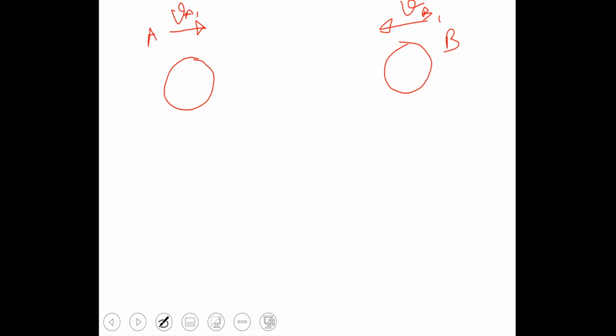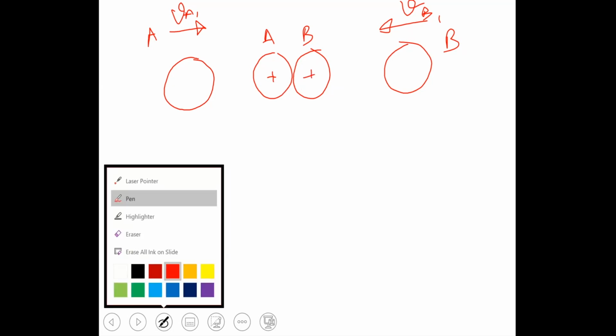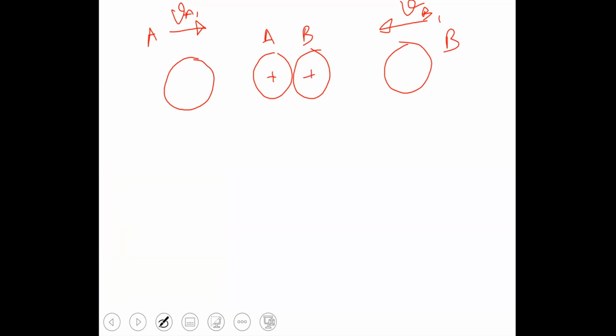Now during collision, what would be the scenario? This would be the scenario when these two particles are going to collide. This is particle A, this is particle B. So at the time of collision, you join the mass centers of these two particles. So these are the two mass centers shown to you. Once you join the mass centers of these two particles, you are going to get a line which is termed as the line of impact.